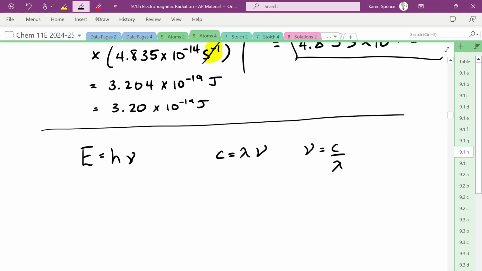We take the nu and replace it with c over lambda. So what we get is E is equal to hc over lambda.